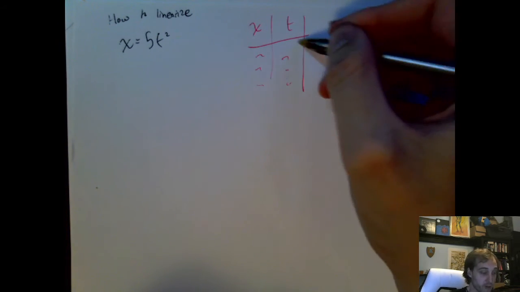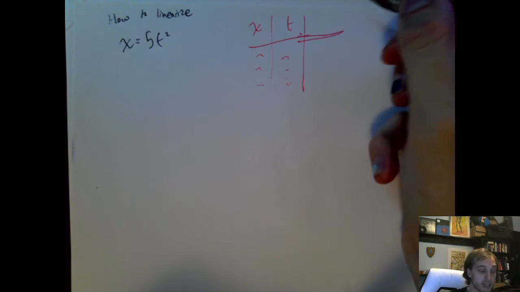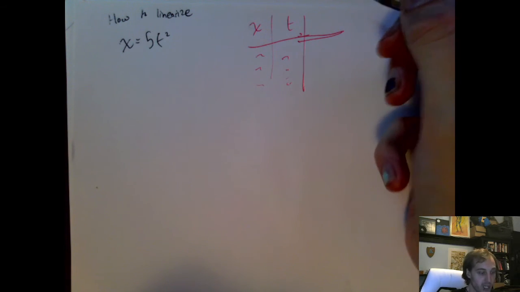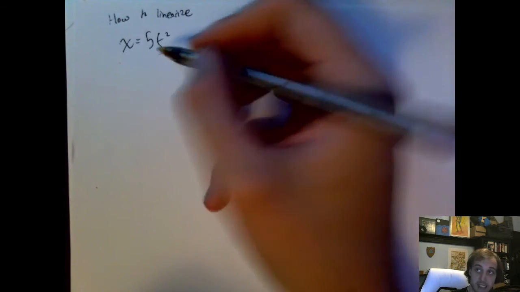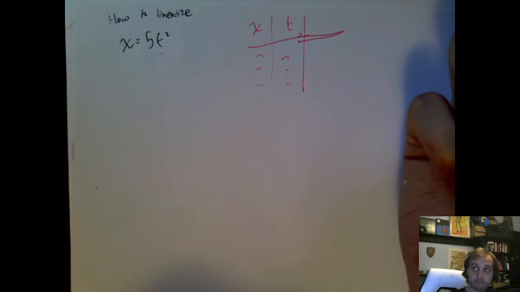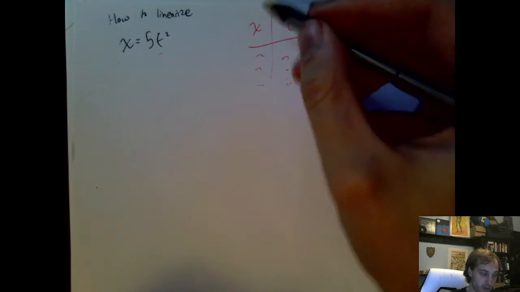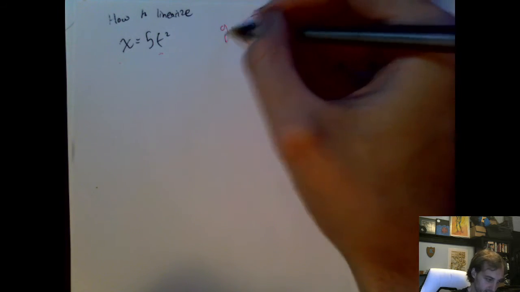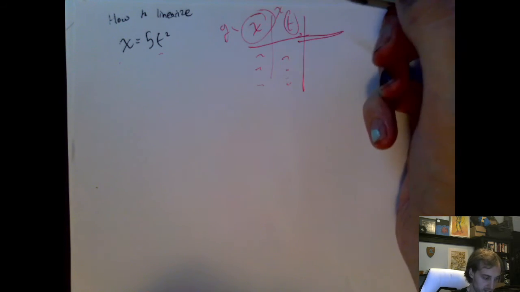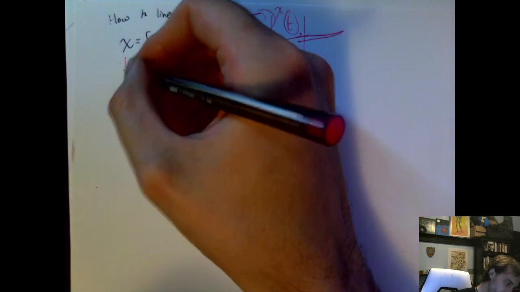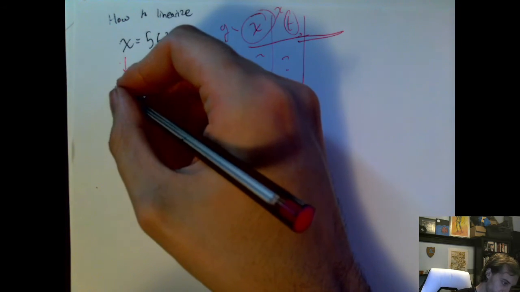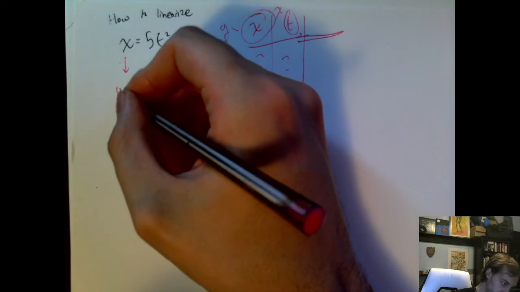The problem is when I graph those, it's not a line. Instead, it looks like a parabola. And if I look at the underlying equation, that makes sense because this is the equation for a parabola. When I'm graphing it like that, if I just graph this as my y-axis and this as my x-axis, what I've done is effectively replaced the x by saying, all right, well, this is the y-axis.